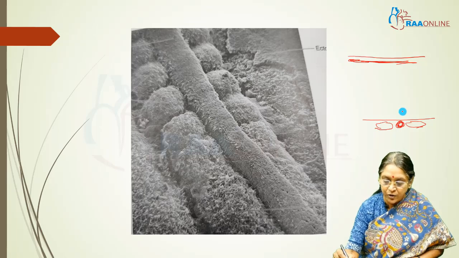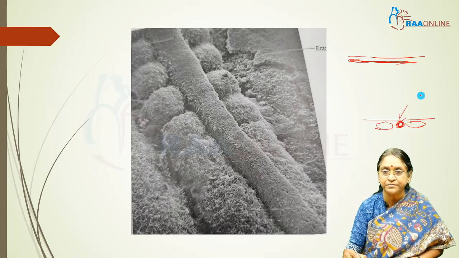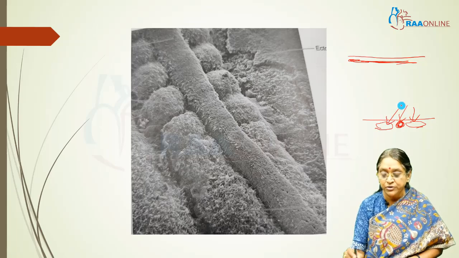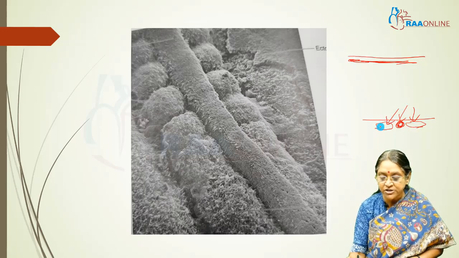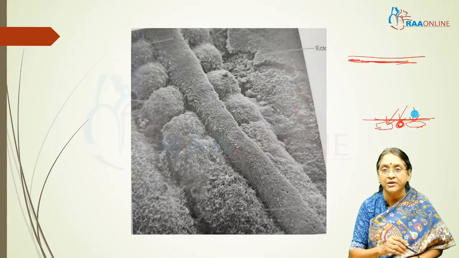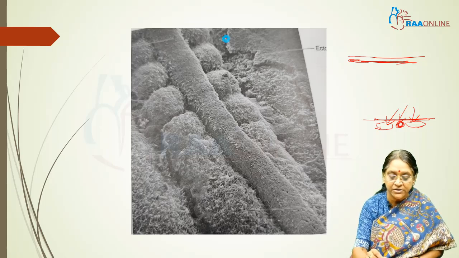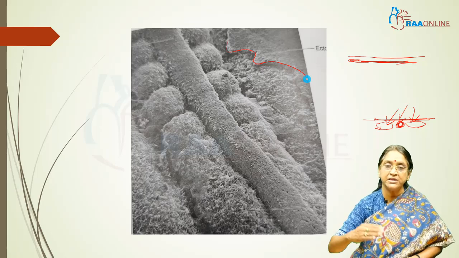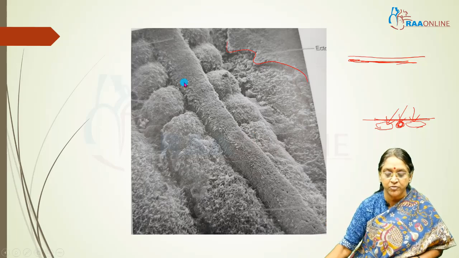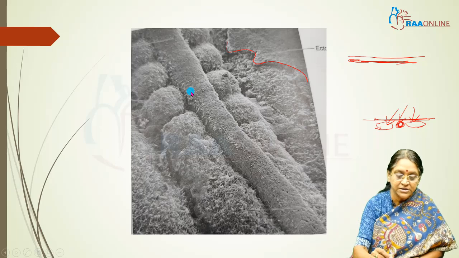Okay, if I have to look at the structures from here to see if this structure is undergoing segmentation, I would have to remove this part of the ectoderm. And that's what I've done here. So here the ectoderm's cut edge can be seen. The ectoderm has been partially removed, and this is the neural tube.